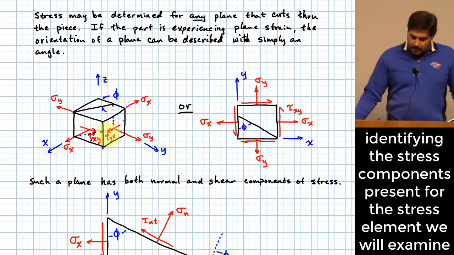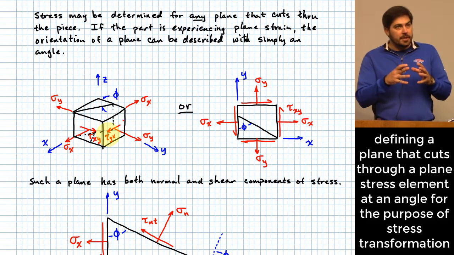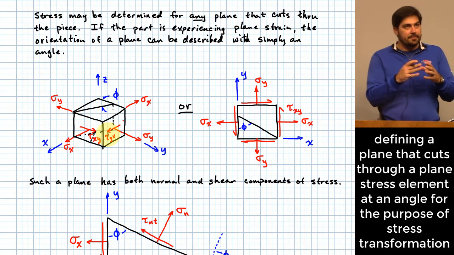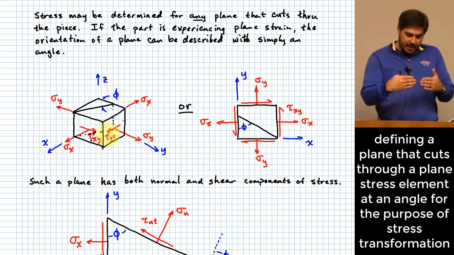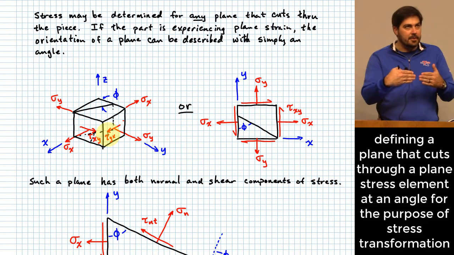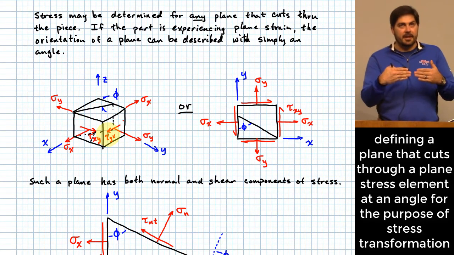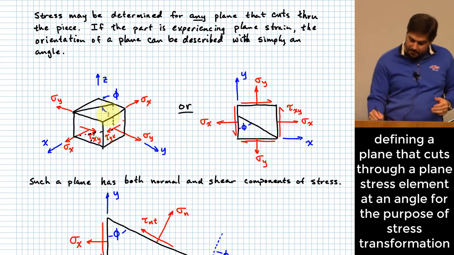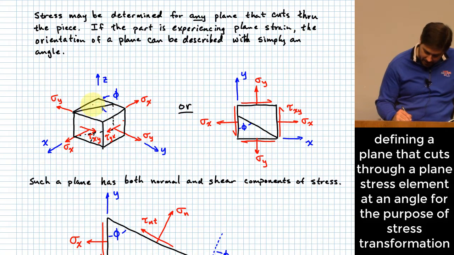Okay? So what we're going to do here is imagine that for this little tiny element of material, we're going to take a cut through that element of material such that the cut is rotated inside of that piece of material. So that cut that I'm talking about happens right here. Okay?